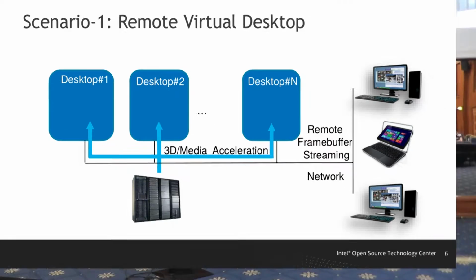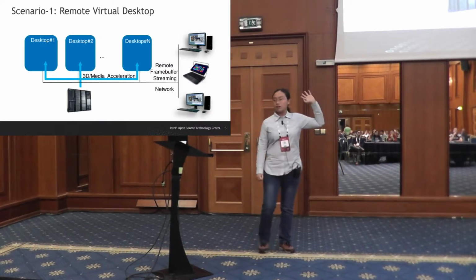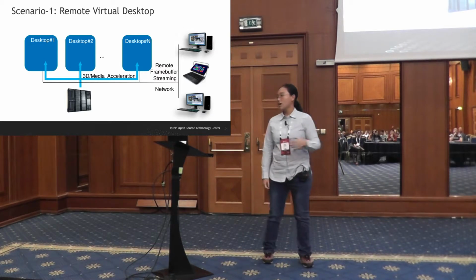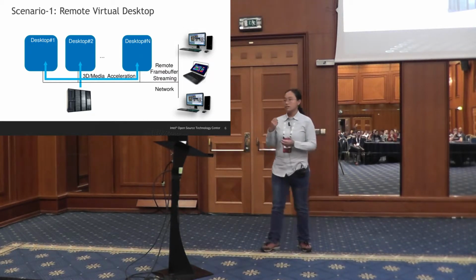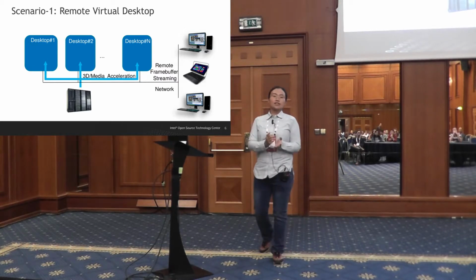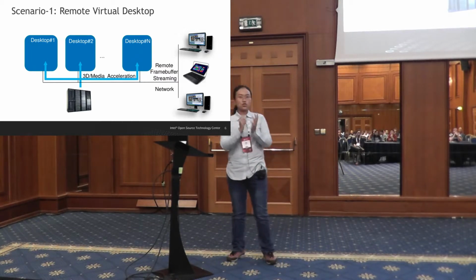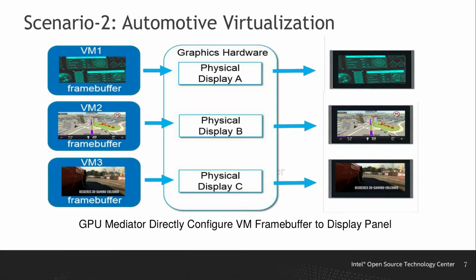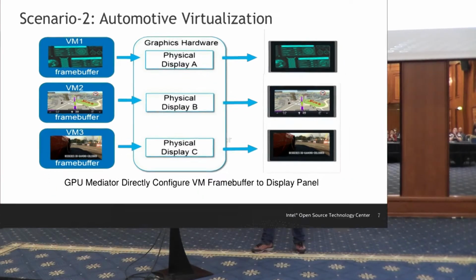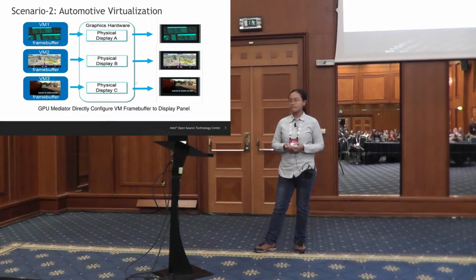The first scenario is remote virtual desktop or maybe cloud gaming. The remote display protocol, for example SPICE, needs to directly access the guest frame buffer and stream it to the remote clients. The second scenario is automotive virtualization.